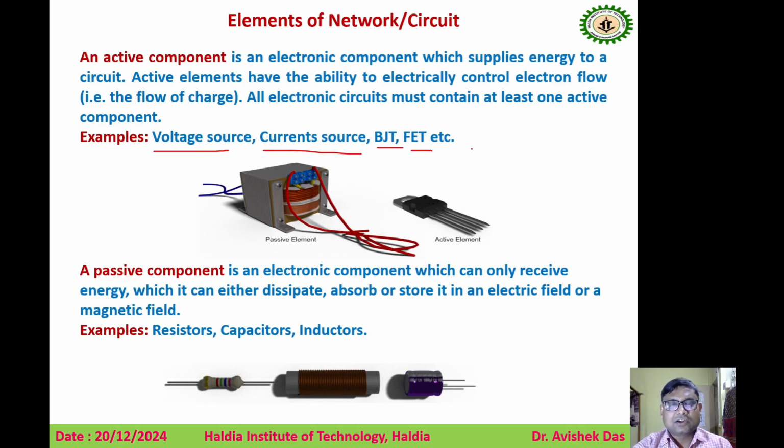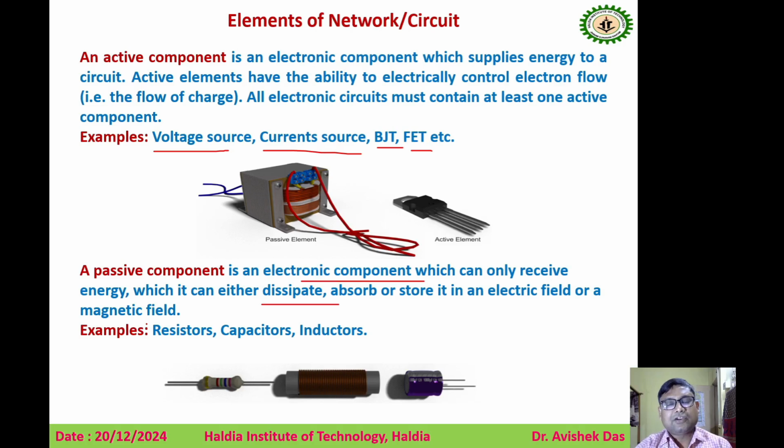That means the component which can generate the power in the circuit or network. This is the example of the active component which can generate or amplify the power. Next, what is the passive component? Passive component is an electronic component which can only receive energy, which can either dissipate, absorb or store it in an electric field or a magnetic field.